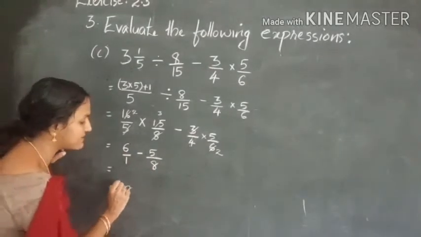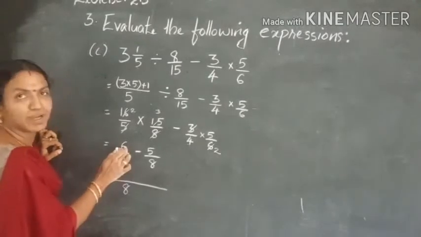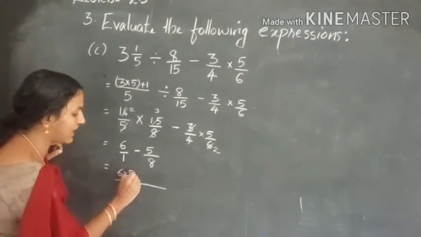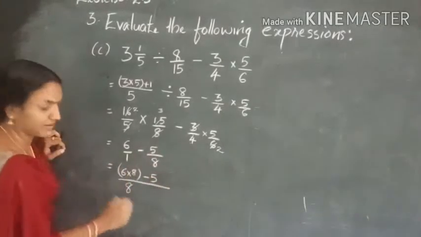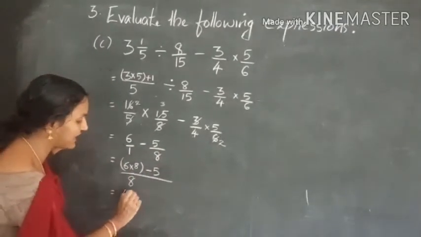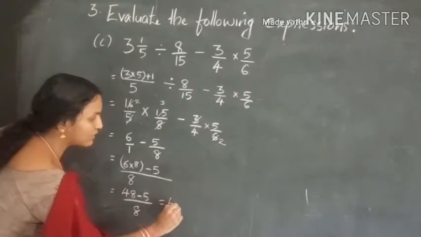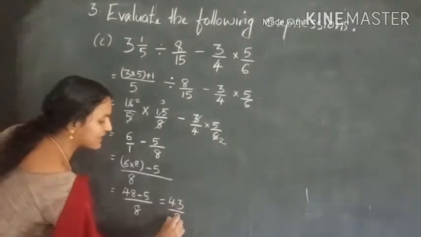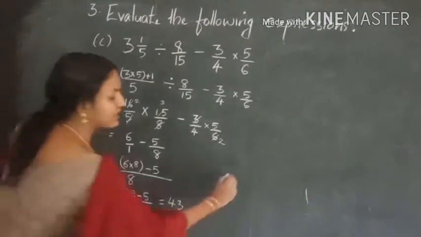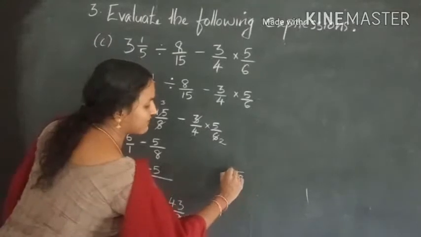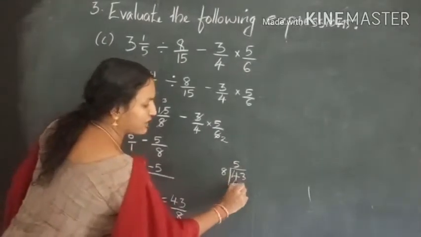Here the LCM is 8. So multiply 8 with the numerator 6. 6 into 8 minus, you write the same number, 5, is equal to 48 minus 5 by 8, is equal to 43 by 8. 43 by 8 is an improper fraction, so convert it into a mixed fraction. 8 5s are 40.